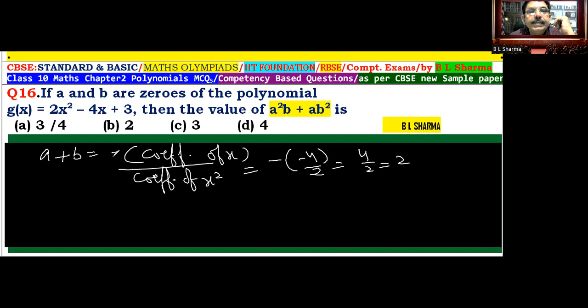The coefficient of x is minus 4. So negative into negative, that is 4 by 2, because the coefficient of x square is 2. So a plus b is 2.